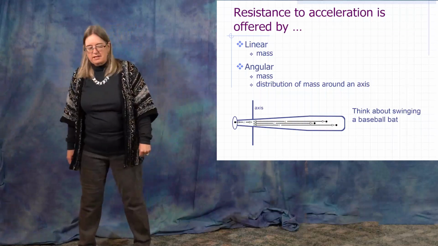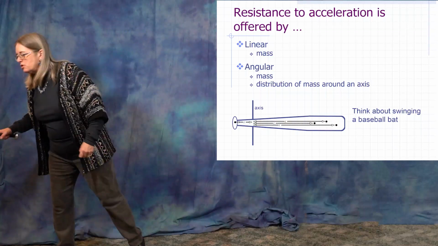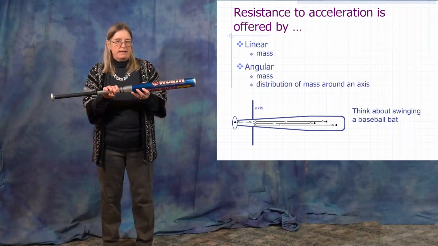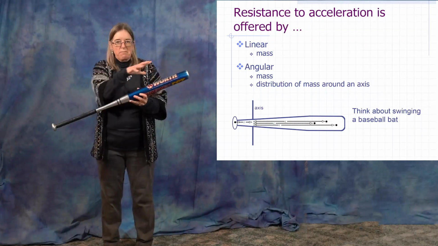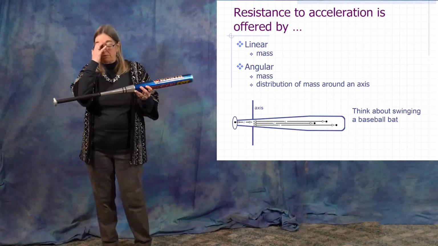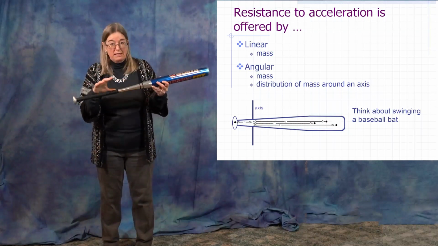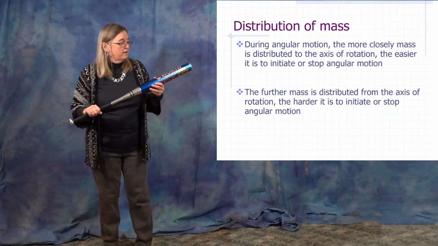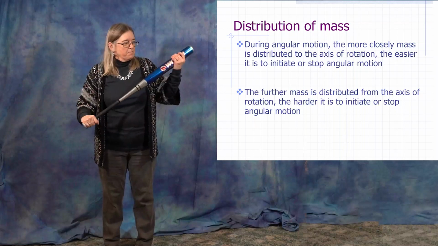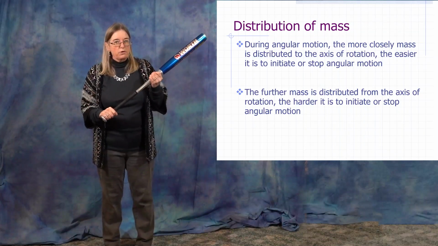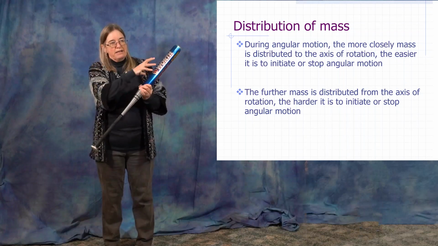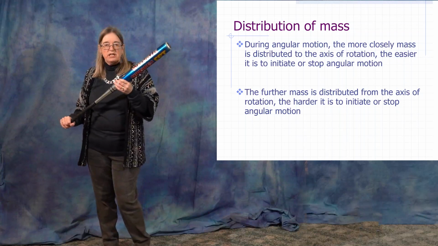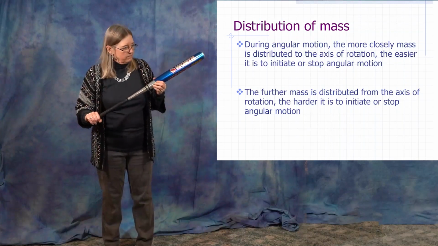And you can see that it's not just how heavy this bat is, but where the mass of this bat is with respect to the axis of rotation, depending on what I'm rotating it around. The closer the mass is to the axis of rotation, the easier it is to initiate or stop rotation.